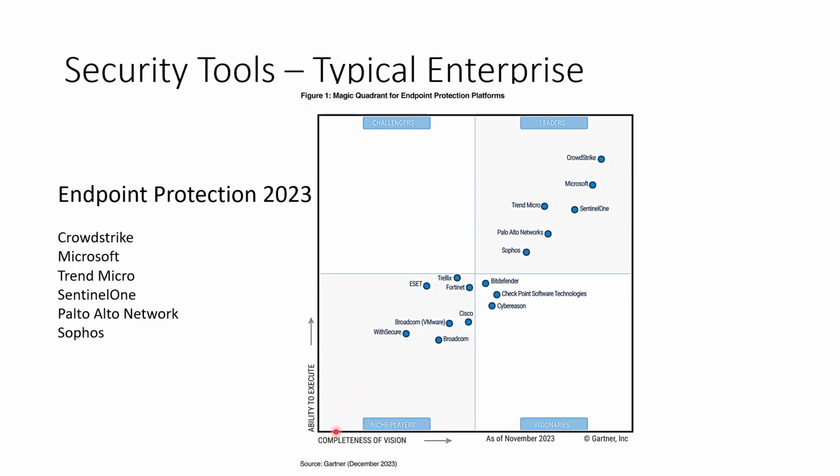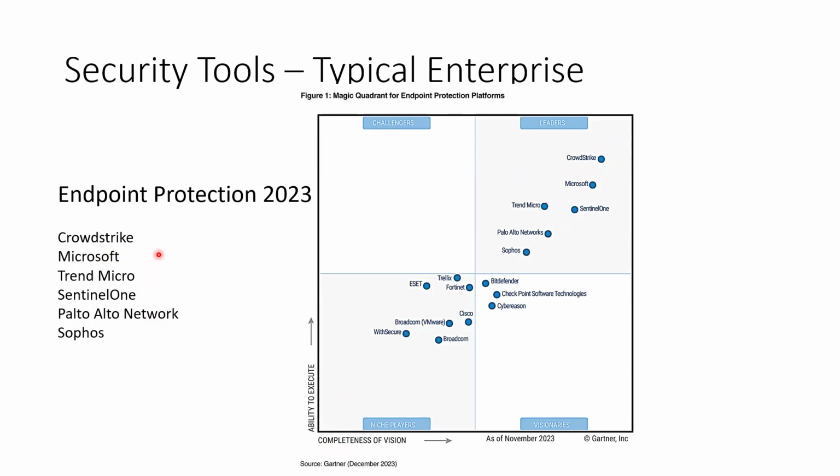According to this graph, the topmost in the leader section, CrowdStrike, is the leading endpoint protection vendor. CrowdStrike, Microsoft, Trend Micro, SentinelOne, Palo Alto Networks, and Sophos are the best vendors to provide an antivirus solution at enterprise level.